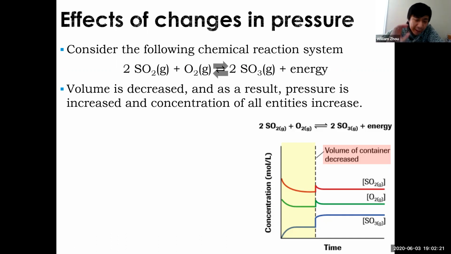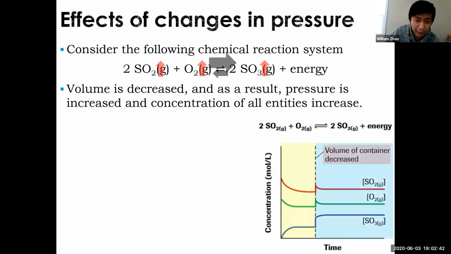All right, so if you increase the concentration of everyone, then you will increase the rate of reaction for everyone. This is the opposite of decreasing temperature. If you increase the concentration of everybody by decreasing the volume, then the reverse and the forward reaction will become faster. But again, life is not equal.